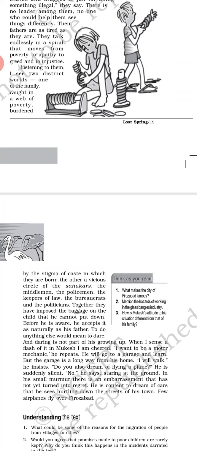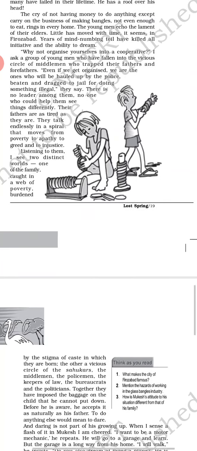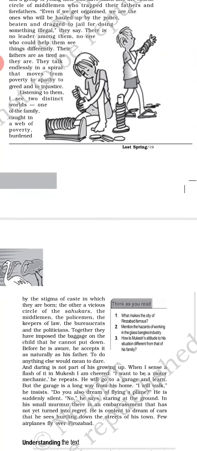So they keep on talking only about injustice, their poverty, their lack of power, all these things. That means they don't have any leaders to fight for them, to stand up for their rights. They themselves don't have the intent, they don't have the power to do anything to change the prevalent situation, to change the existing situation.